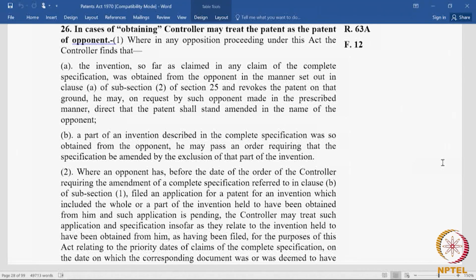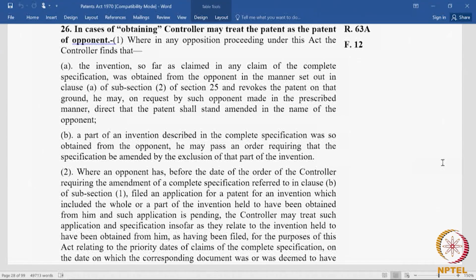So, an opponent who claims that the invention was taken from him has the power to request the patent office to substitute his name, and the controller, if he is satisfied, can direct the patent to be amended in the name of the opponent.